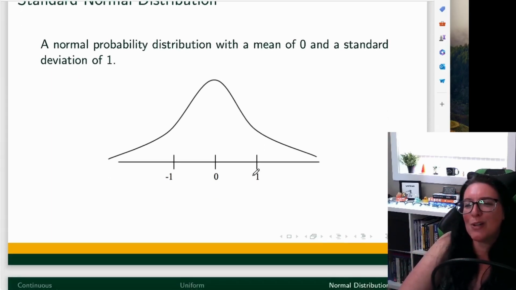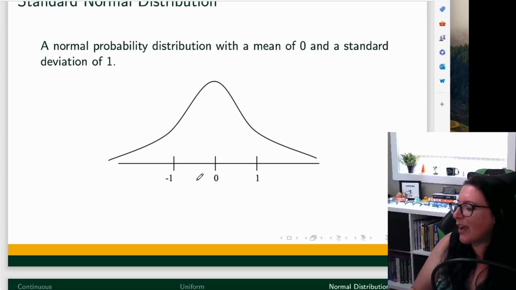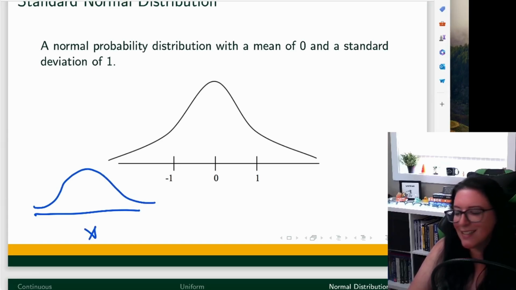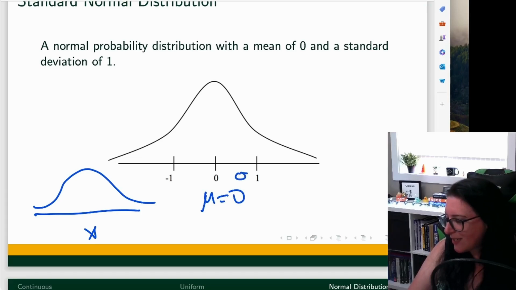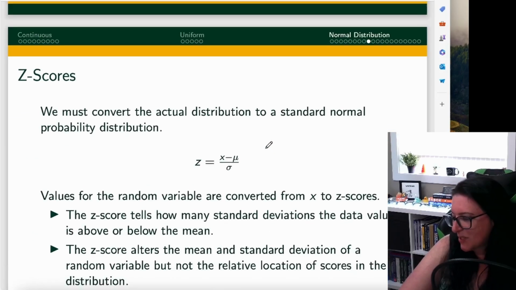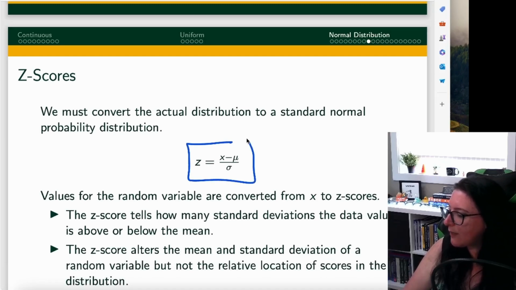What we're doing here is converting what would have been our x's, this would have been x, into a distribution where our mean is 0 and our standard deviation equals 1. So we're going to take these x's and convert them into z-scores. To do that, we need this formula here.